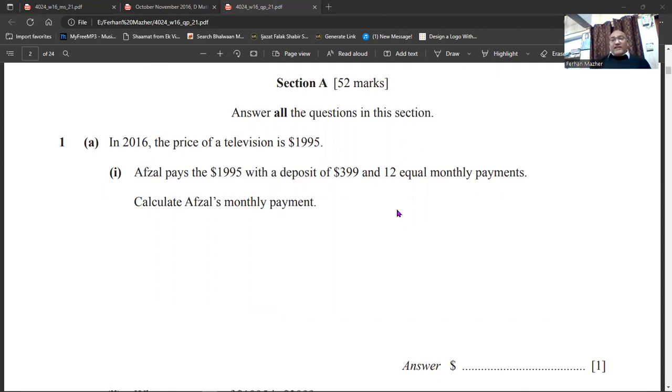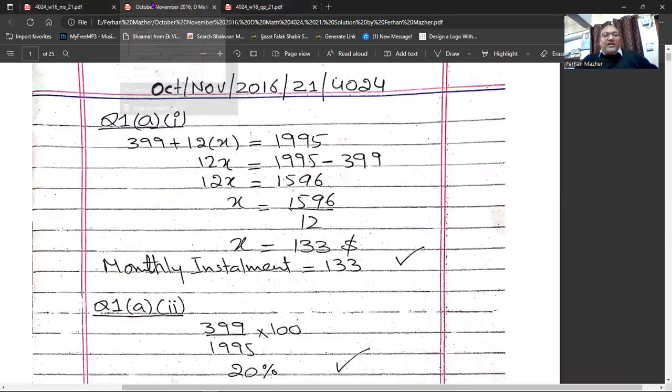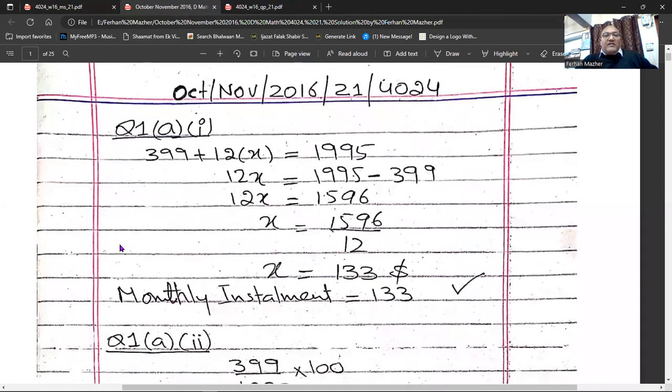So he has given some advance, and the rest of the money he will pay by monthly installments. The total money he is going to pay is $1,995. So deposit plus the installments money will be equal to the total money. So 399 plus 12 into X equals 1995. And from there, we will find the value of X, and X will be the monthly installment.